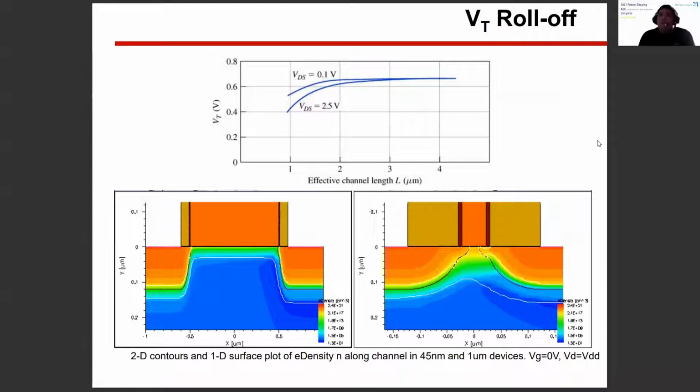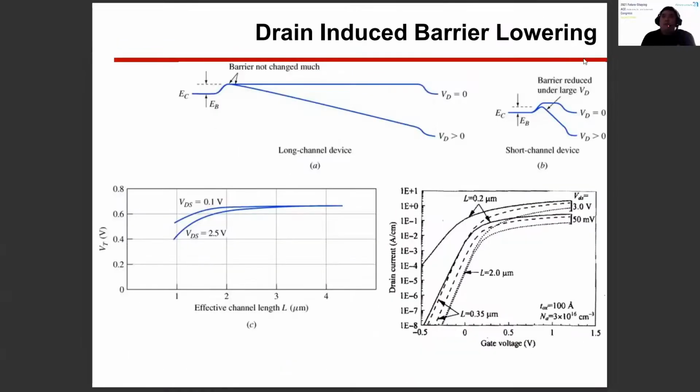Another thing we need to discuss is the threshold voltage roll-off effect. If we put the drain voltage higher than 0 volt, the energy band graph looks like this.